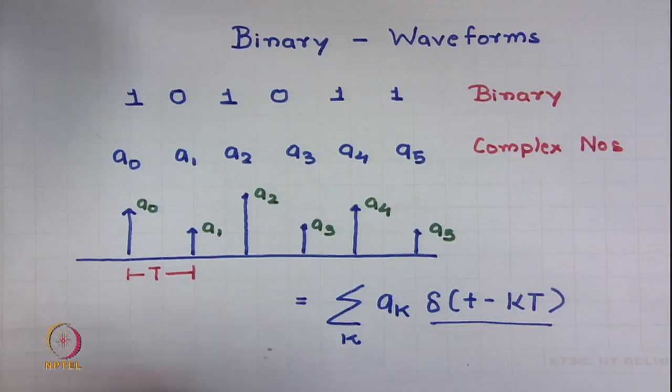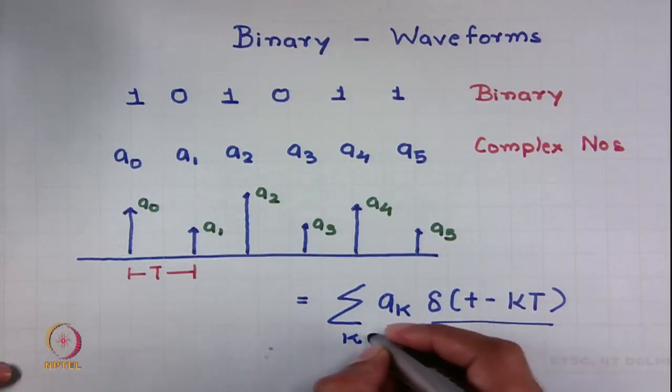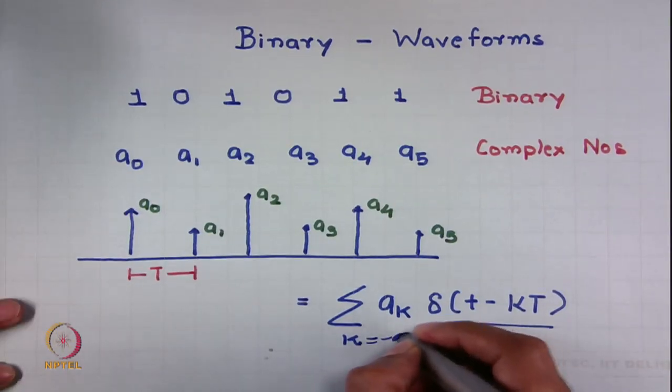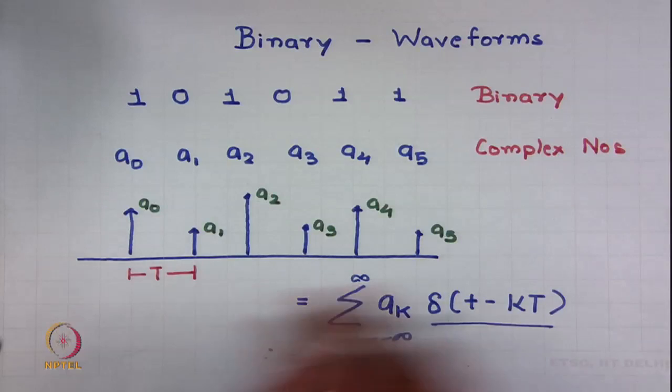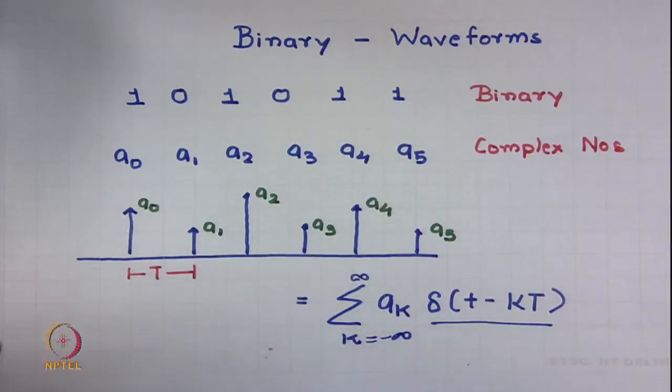I have this T-shifted impulse, k times, where k goes from minus infinity to plus infinity. That means I am going to have an unending impulse train. This is the basic idea of how you represent this weighted impulse train mathematically.